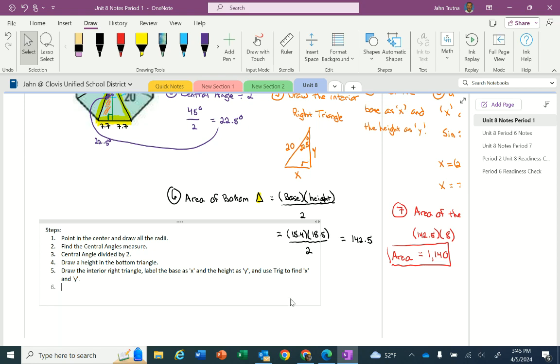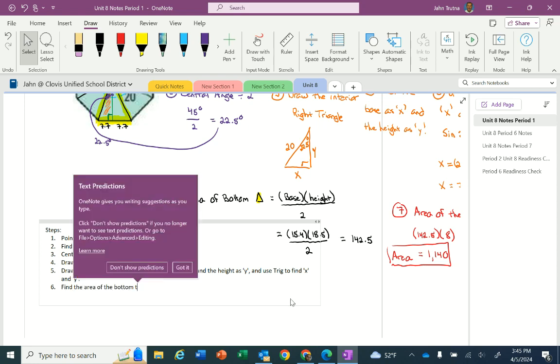Step number 6: find the area of the bottom triangle.